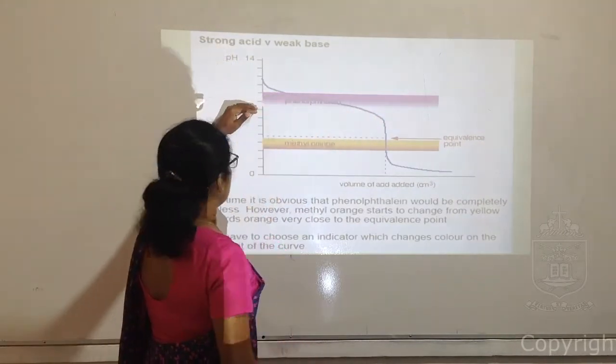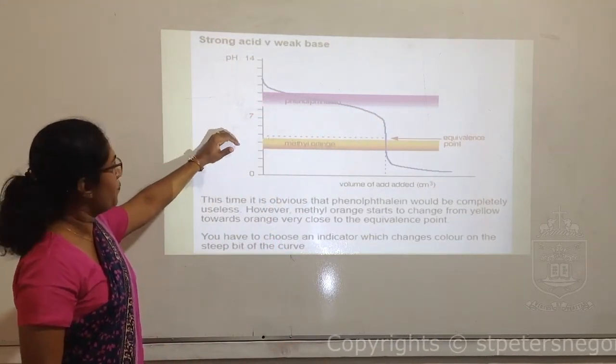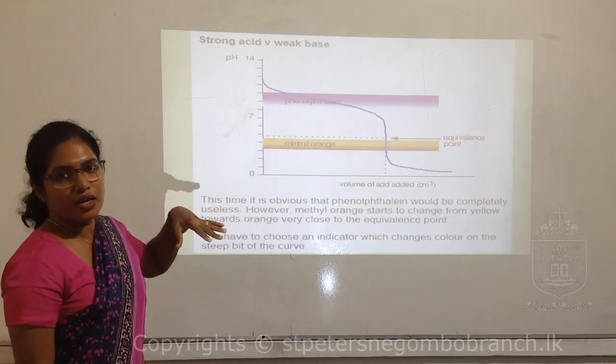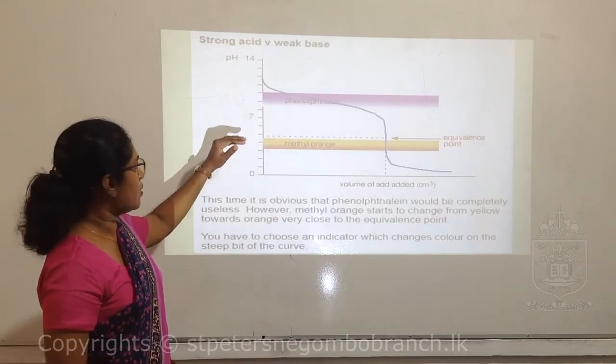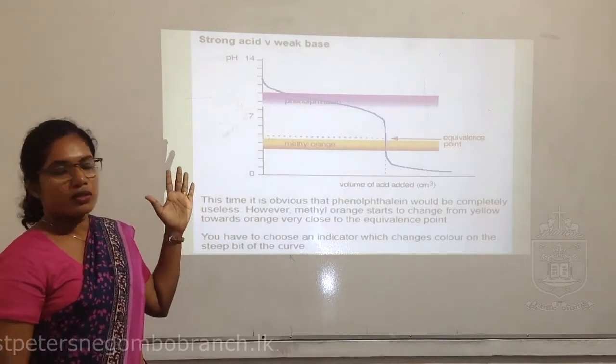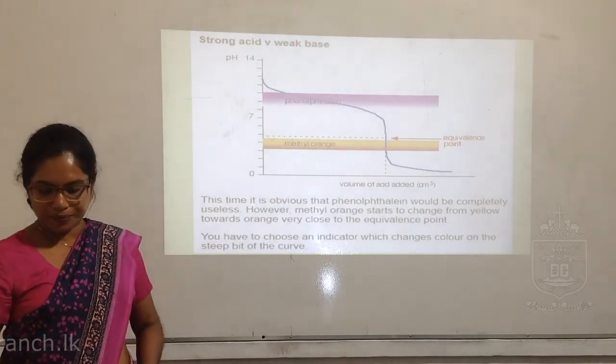So if we use phenolphthalein, before the endpoint is reached, phenolphthalein has already changed its color. So we cannot use phenolphthalein for this strong acid weak base titration.